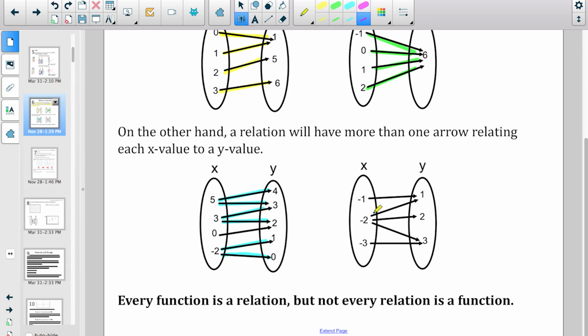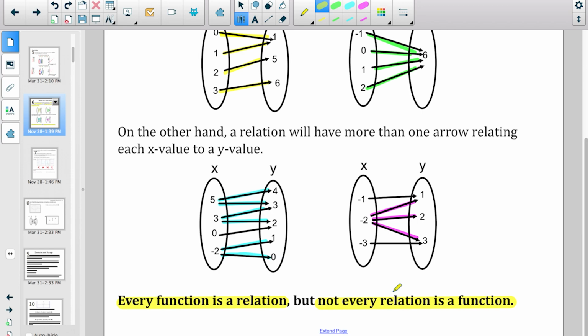For this bottom right relation, we can see that this -2 is related to 3 separate y values, which is not allowed if it's supposed to be a function. So once again, something to keep in mind is that every function is a relation, but the opposite's not necessarily true. Not every relation is a function.